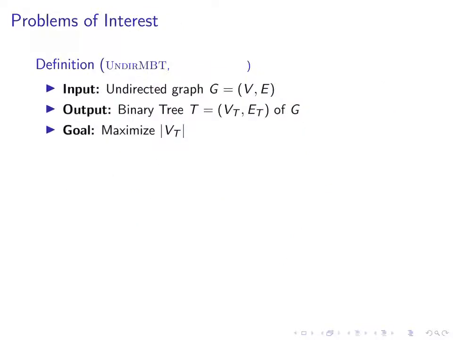So the problem of interest is finding the maximum binary tree in a given graph. We term the problem of finding the maximum binary tree in an undirected graph undirected MBT. Also, one may be interested in the rooted version, where the input is given not only the graph but also a specific root.